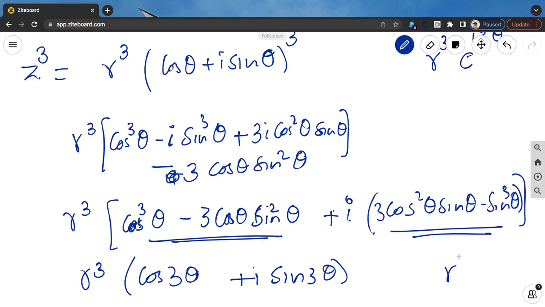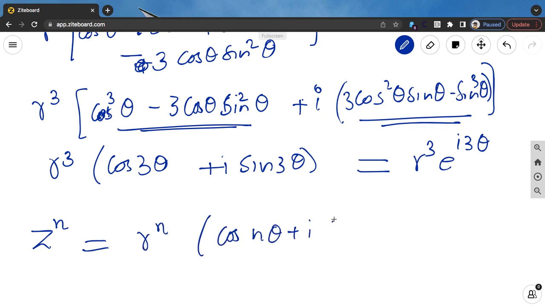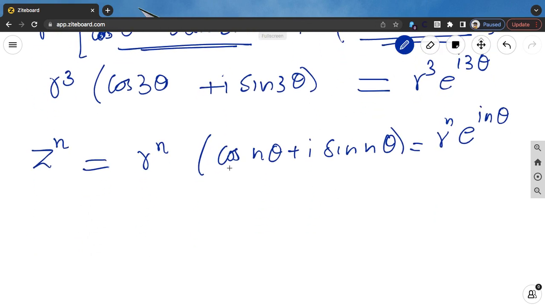So again, you're seeing that these two are the same. So in general, if I raise a complex number to the power n, my polar form will become this, and my Euler's form will become this. Can n be positive, negative, or a fractional power like a root?